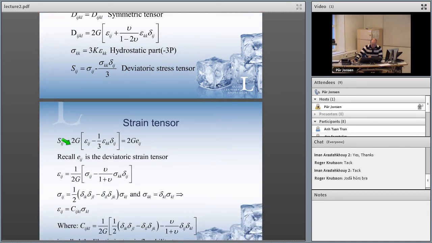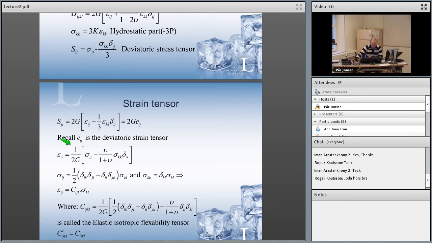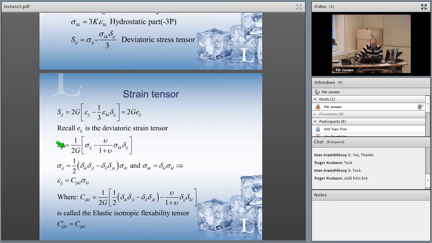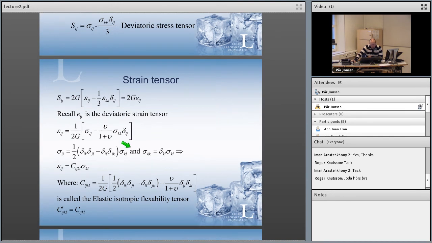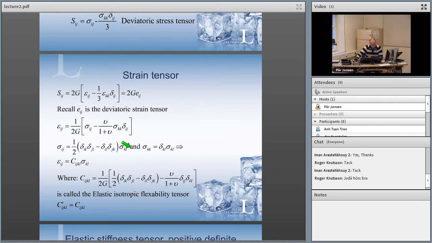So if you look at this relation, then you can write the deviatoric stress tensor like this. But you see here, even simpler, that instead of going through all these equations that you have here, just take 2 times the shear modulus and the deviatoric strain tensor. Then you have it directly. This is usually what you do when you're programming this kind of relation.